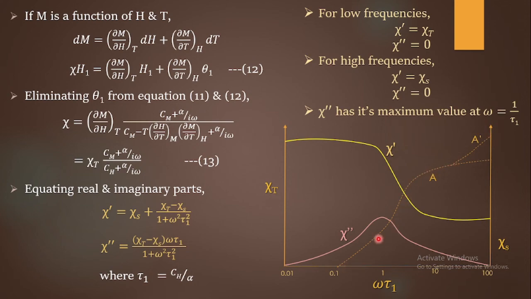At lower frequencies, spin-lattice interaction is the dominant one. So if the interpretation of the graph is clearly pictured in mind, easily the whole derivation and interpretation of the data can be remembered.